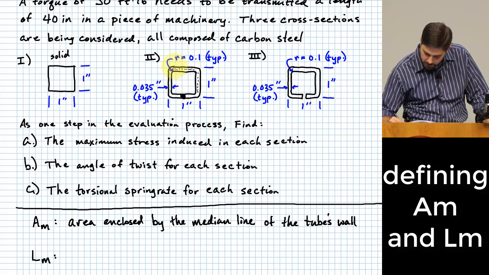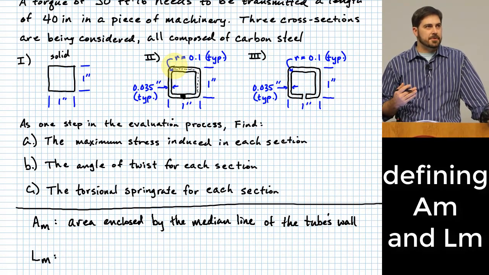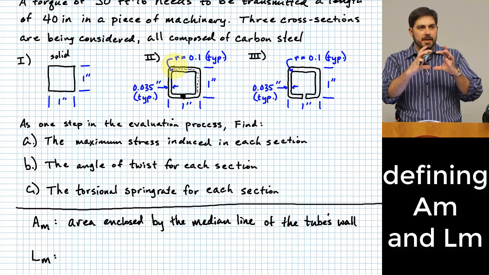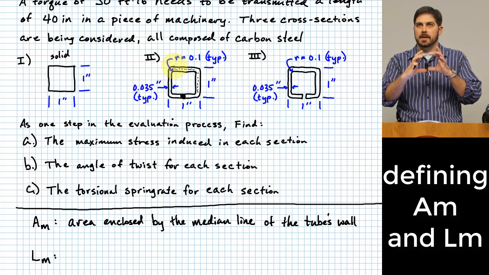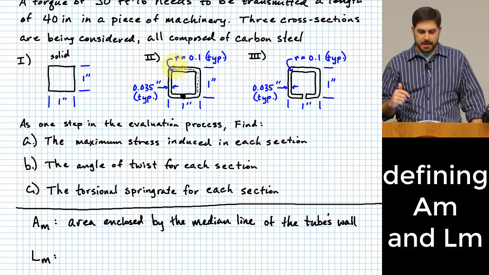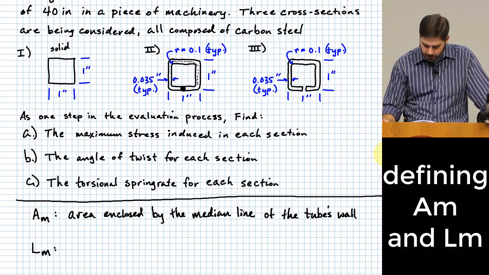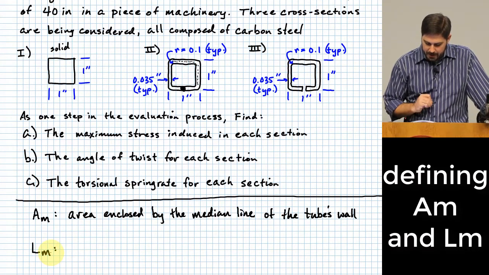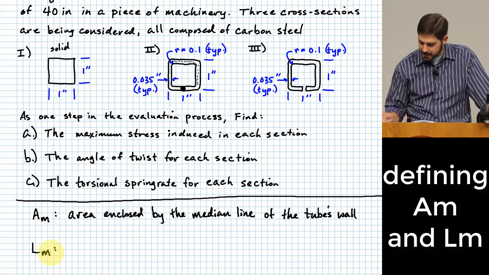If you take midway across there, that's the median line. And with A sub m we're figuring out how much area is bounded by that median line. That's a parameter we're going to need in both 2 and 3 up here, I believe. L sub m is the length of the median line. It's kind of the perimeter, right? It's how long that median line is.